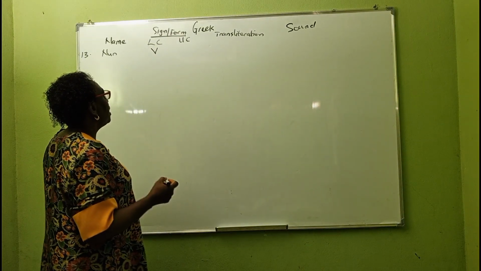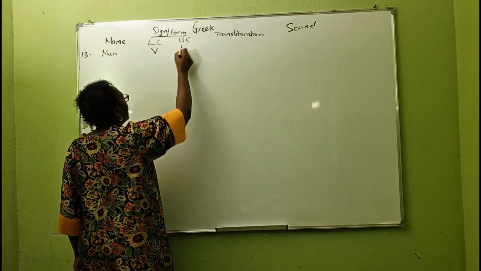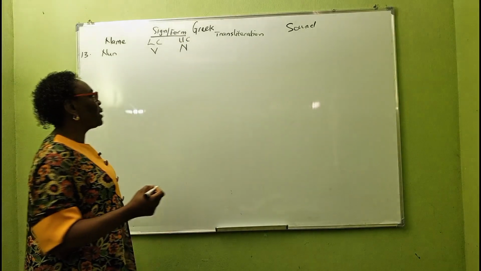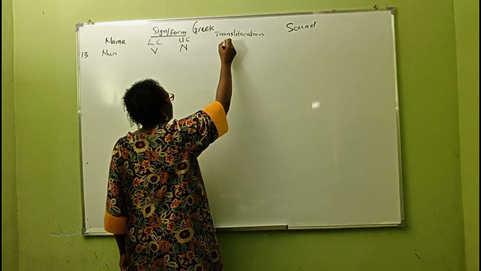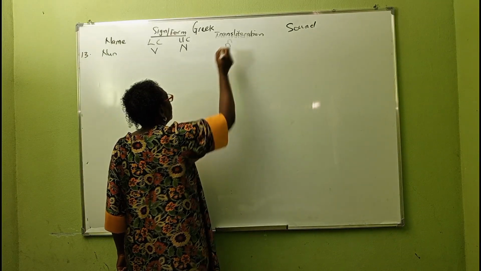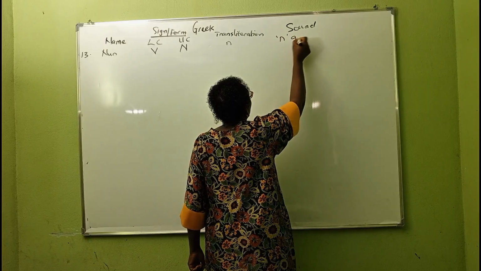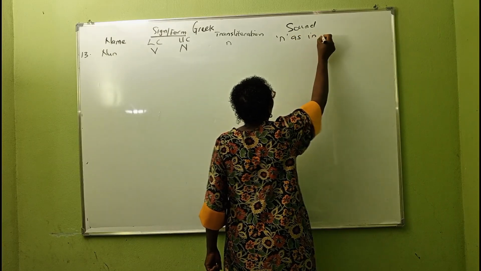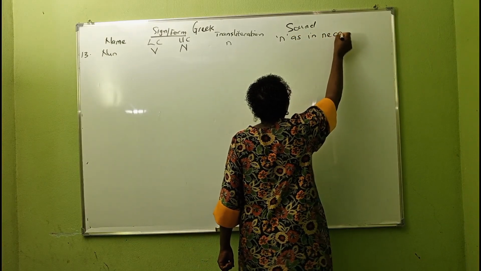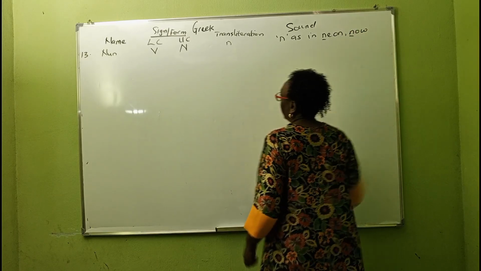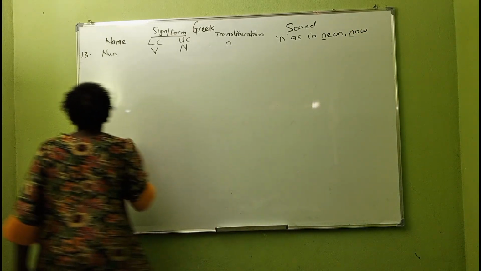In terms of uppercase, it looks like the English capital letter N. Transliteration is N, and the sound is also N, as in neon, or as in now. That's N.